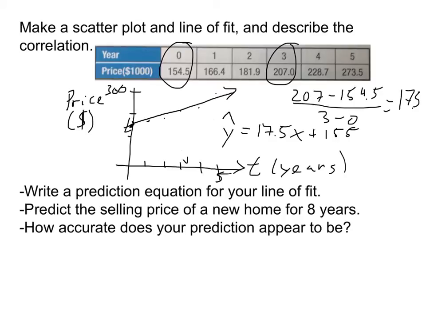Really, because we said price and time, you should probably say p hat equals 17.5 t plus 155. So that's probably how I would draw that one.